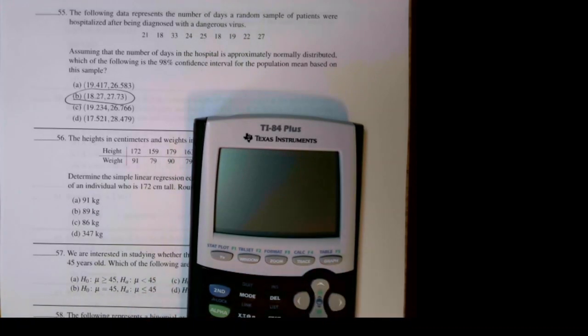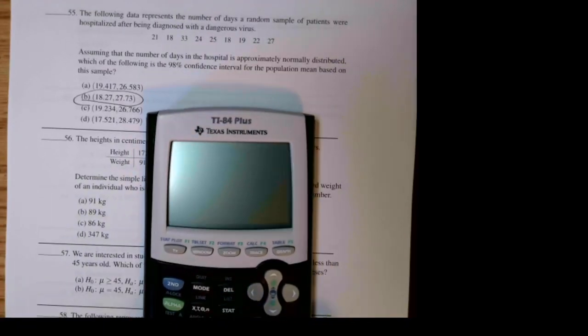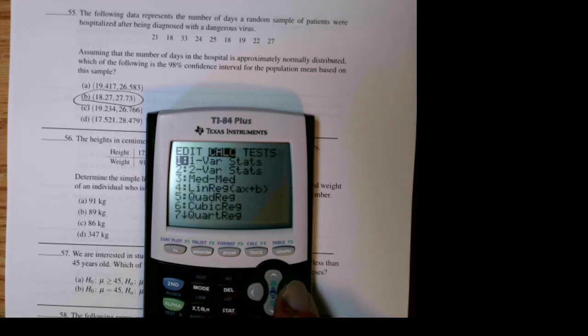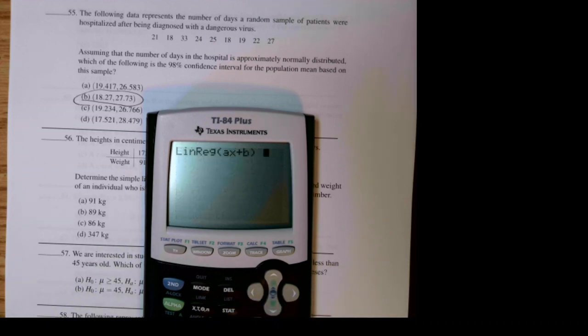So the height numbers will go in L1 and the weight numbers will go in L2. So if we turn this on and go to stat edit, you can see that I've already put the correct numbers in L1 and L2. After that, all I have to do is go to stat, over to calc, and then choose number 4 there, LinReg(ax+b).